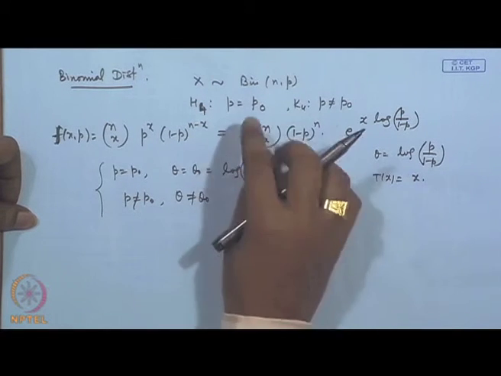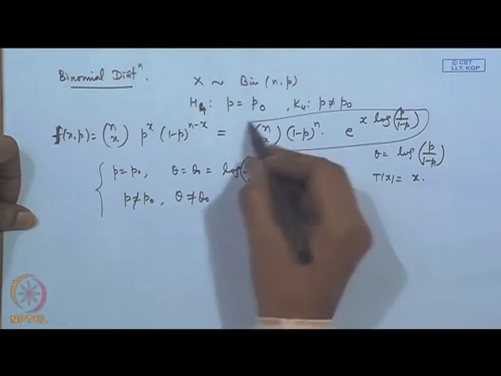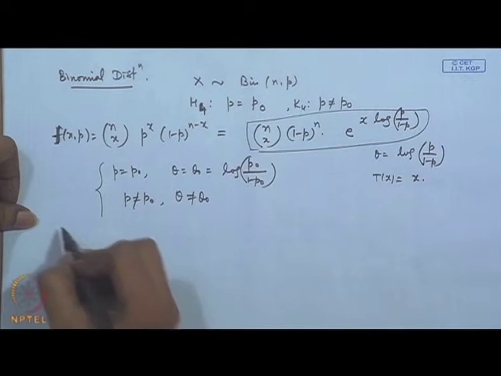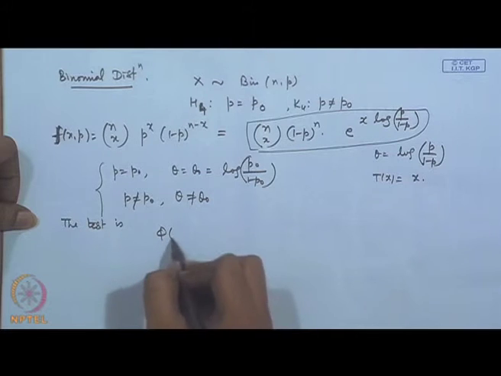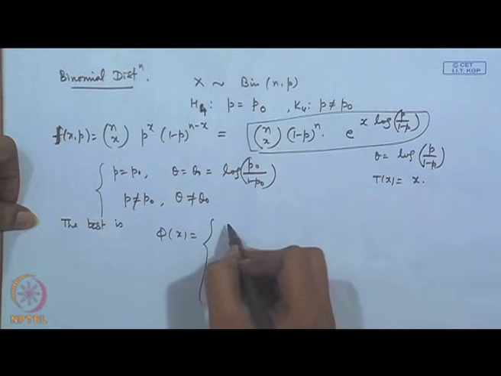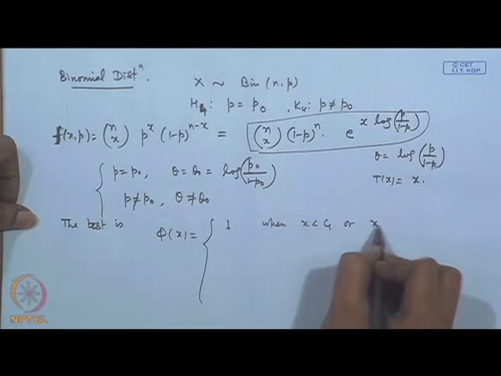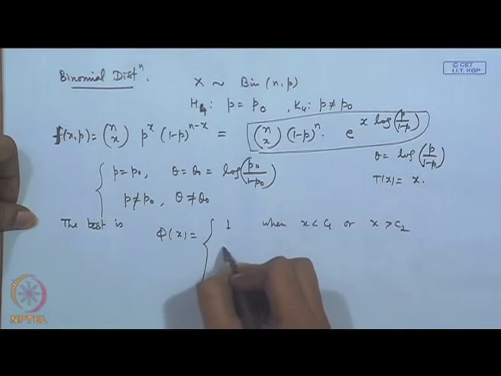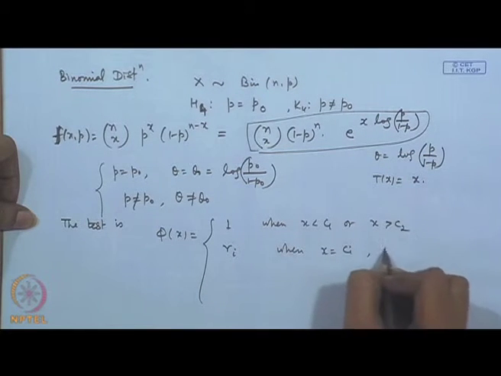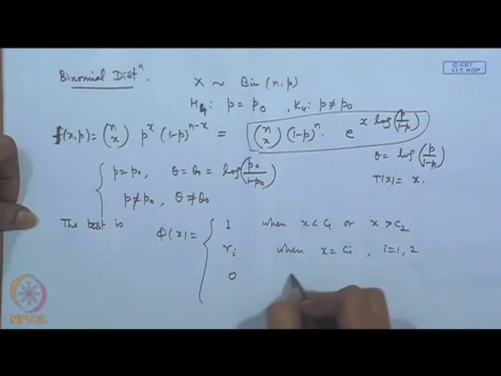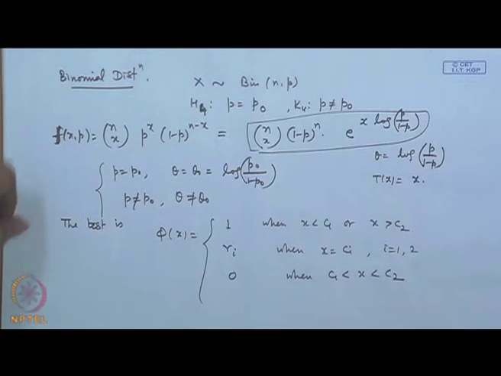So, the hypothesis testing problem is restated in this form, where we are getting the one parameter exponential family. So, the test is phi(x) is equal to 1 when x is less than C1 or x is greater than C2. It is equal to gamma i when x is equal to Ci for i is equal to 1, 2. It is equal to 0 when C1 is less than x is less than C2.